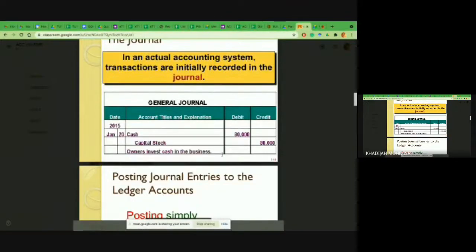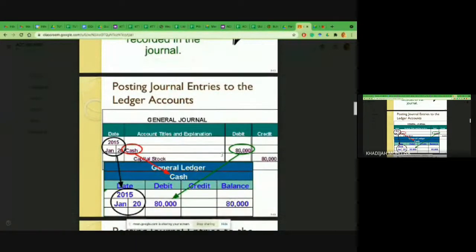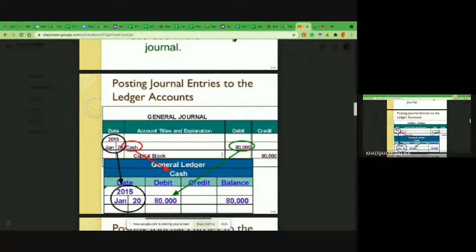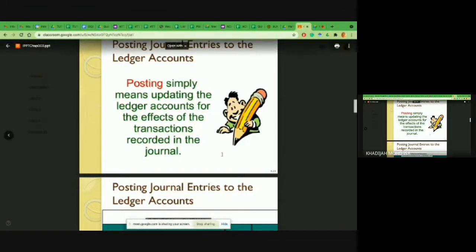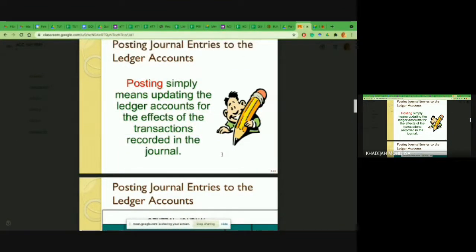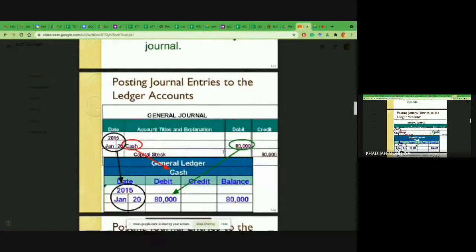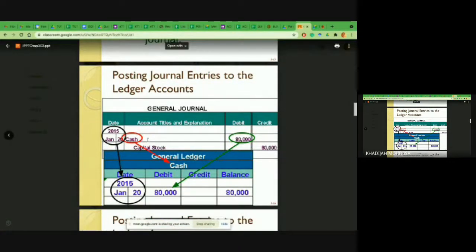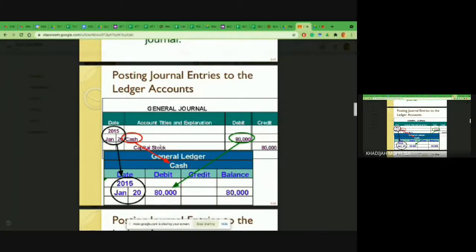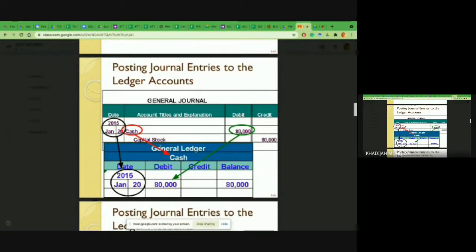Chapter 3, I think. Alright, so then we introduce the journal entries. As long as you understand the debit and credit, you can put that into a T account, just like I did just now, or you can put that into journal entries. A journal entry just involves two lines, debit and credit. So you should know which one is debited and which one is credited.